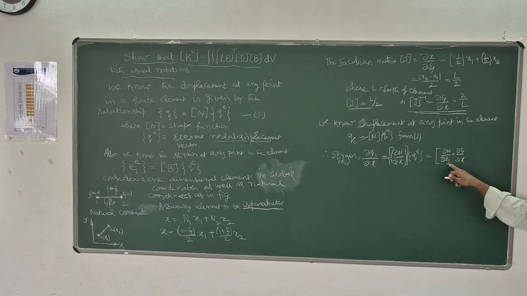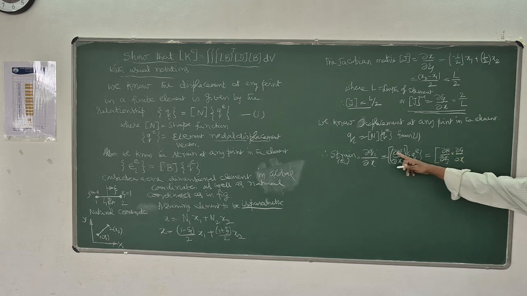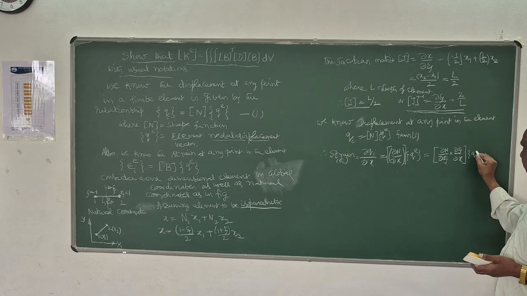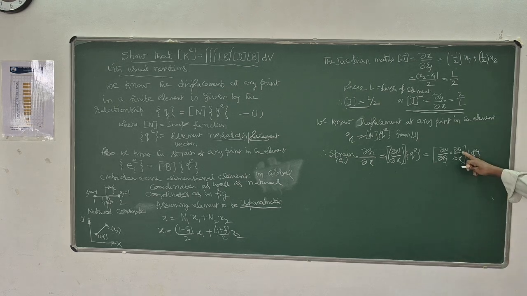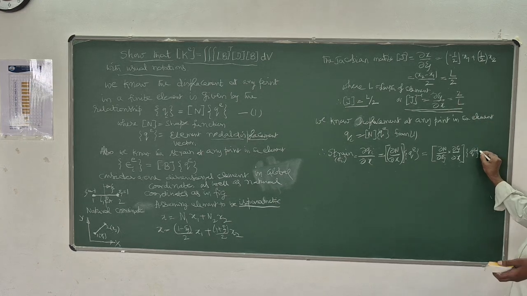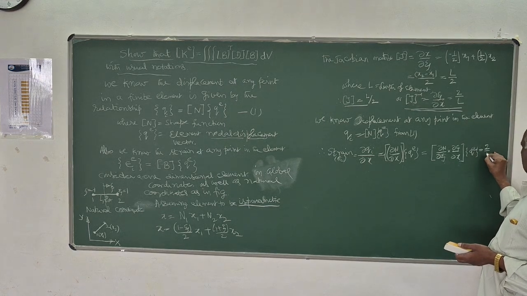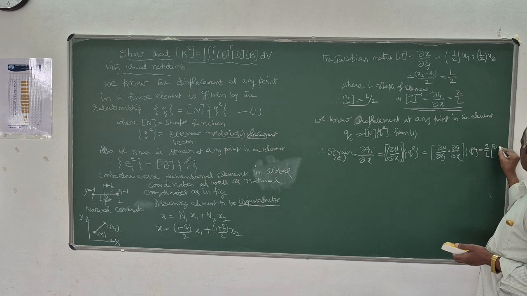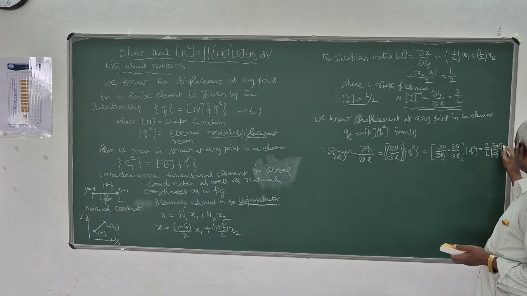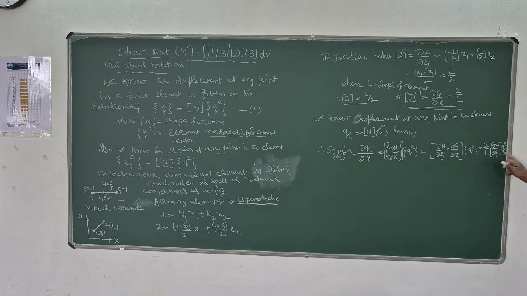Delta n by delta xi, delta xi by delta x, delta xi cancels, it will be delta n by delta x only into 2 by L. So delta xi by delta x is nothing but the Jacobian inverse, which is equal to 2 by L into delta n by delta xi into QE. This is the relation.